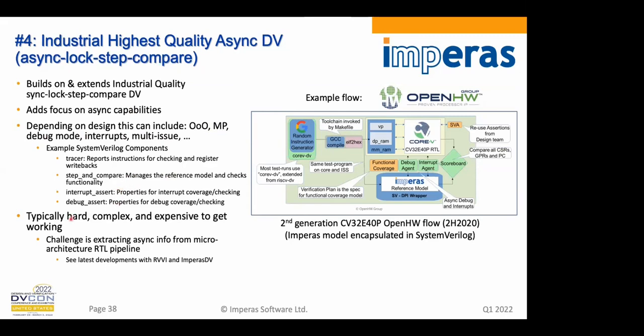So it's pretty hard to get a good asynchronous environment up and running. It's pretty complex and it's quite sort of expensive in terms of labor and details. And the biggest challenge is getting the data out of the RTL's pipeline, the processor's pipeline, in a way that can control the reference models and things like that. And we'll see how we've been evolving that in there.